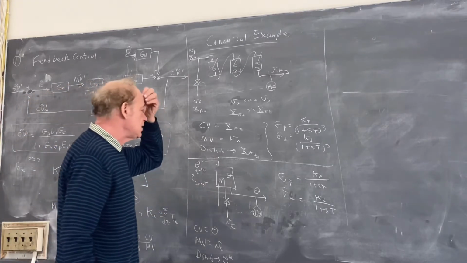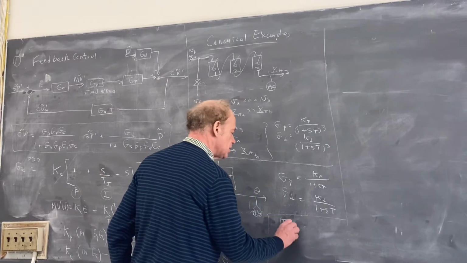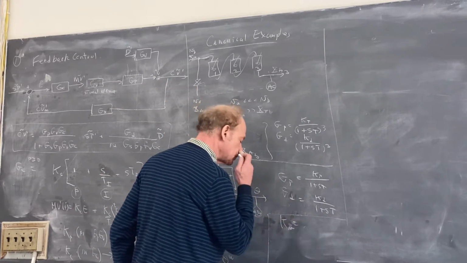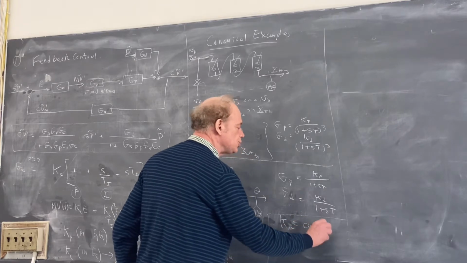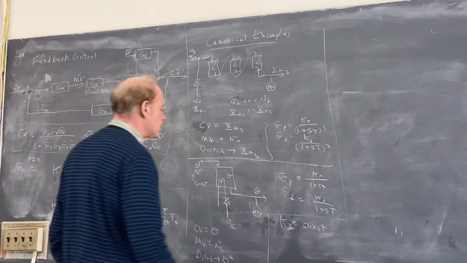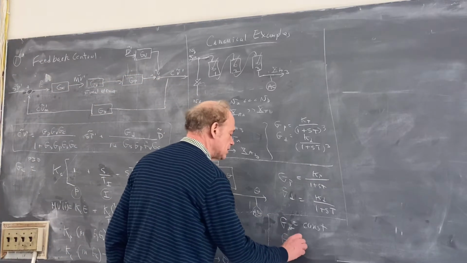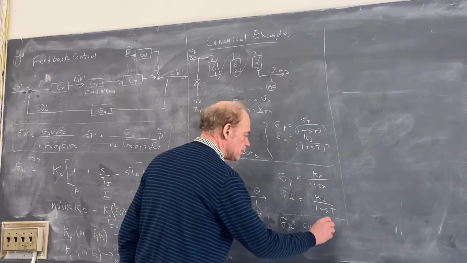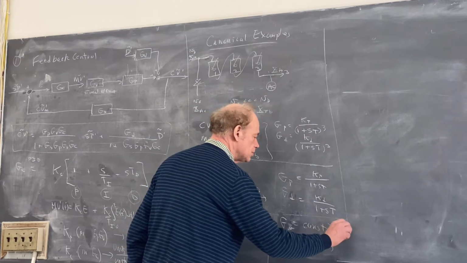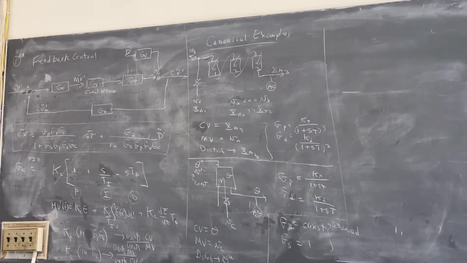Typically in these canonical examples, I assume that KV is just a constant, which I can choose units to make 1, and I assume that GS was just equal to 1. These are assumed. They don't have to be that way, but that's the way I did it in these examples.